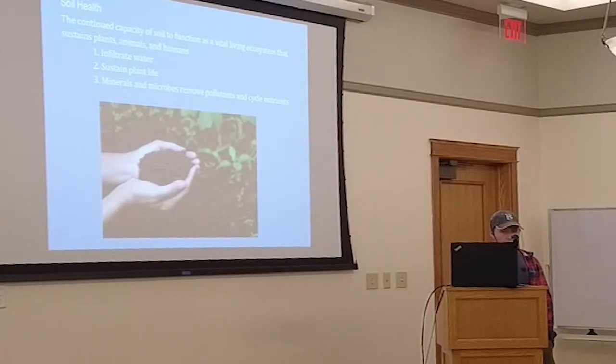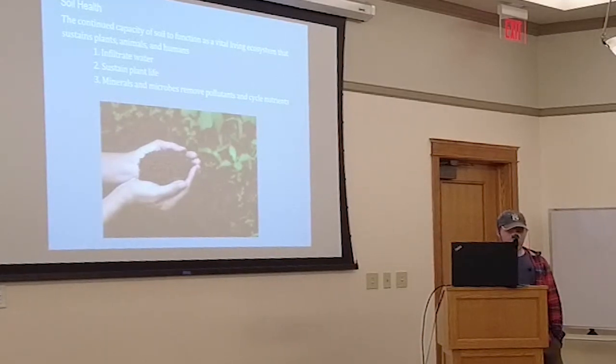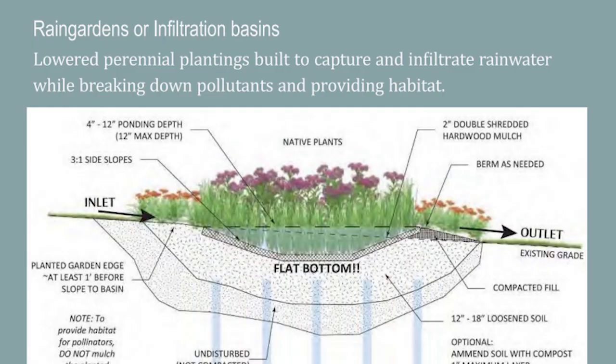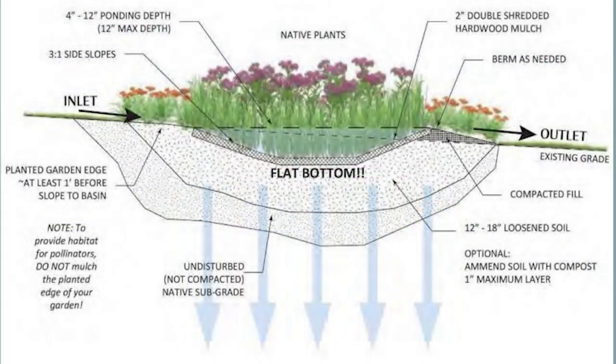The main pieces that we're looking for the soil to be able to do is to continue to infiltrate water, continue to sustain plant life, and then to support under the soil a microbial community that is also assisting with removing pollutants and cycling nutrients.